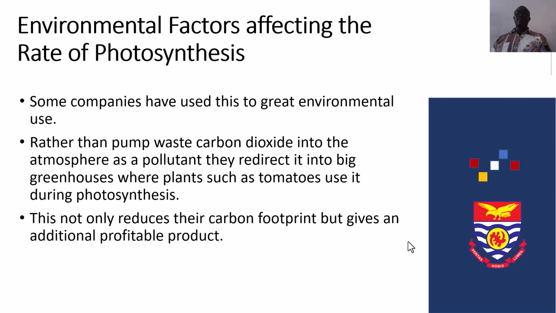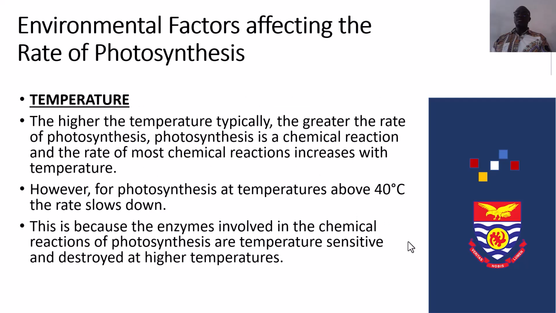Some companies have used this to great environmental use. Rather than pump waste carbon dioxide into the atmosphere as a pollutant, they redirect it into big greenhouses where plants such as tomatoes use it during photosynthesis. This not only reduces their carbon footprint but gives an additional profitable product.